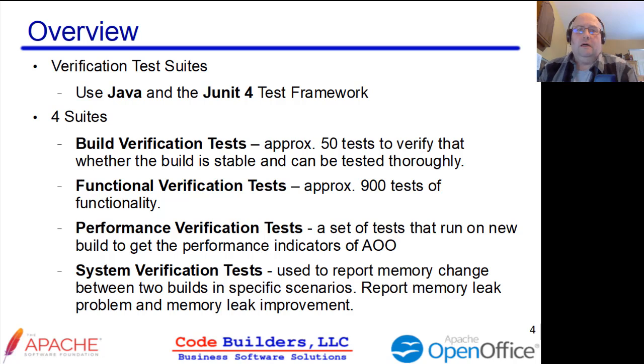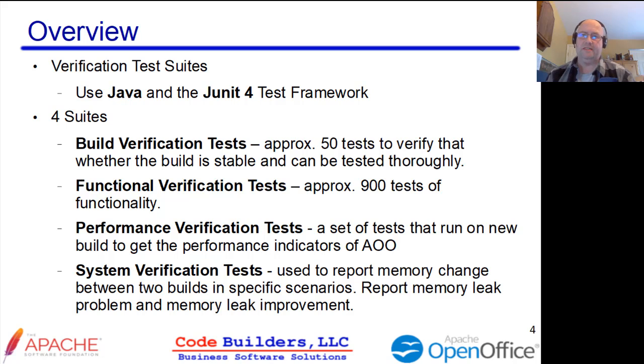So the overview of the verification test suites: they use the Java programming language and the JUnit 4 test framework. There are four primary test suites. The first two are the ones that I use the most, and that's the build verification test, or BVT.